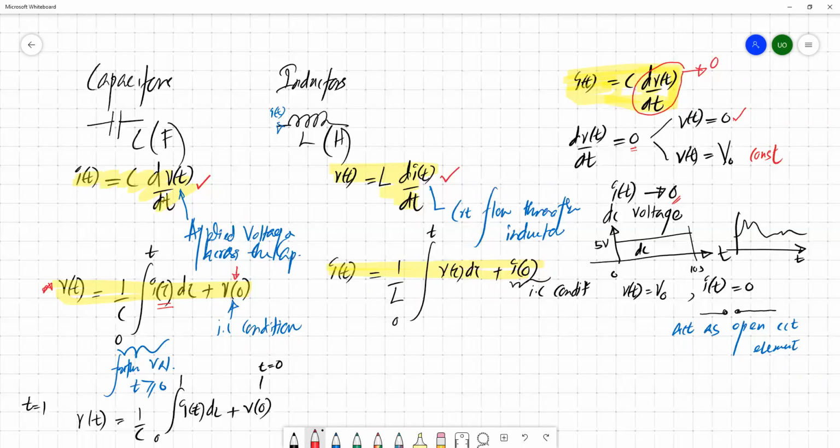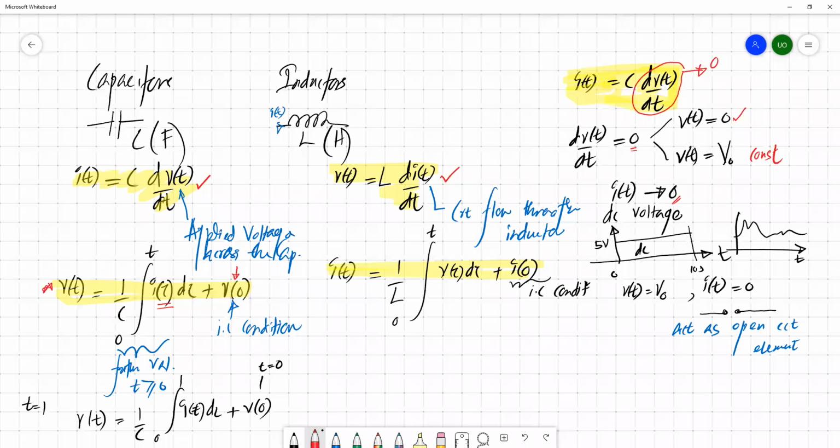From this mathematical equation, we can simply claim that the derivative should be zero, because for a constant, the derivative is zero.